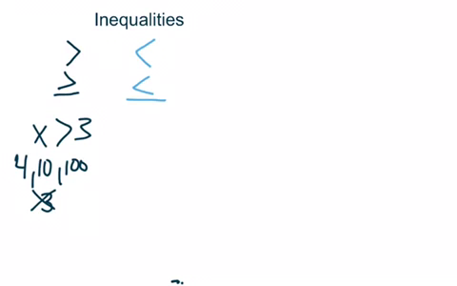But if I had the statement x is greater than or equal to 3, then 3 is an okay statement. We're going to come back to that in a second. Same thing is true with the less than signs.